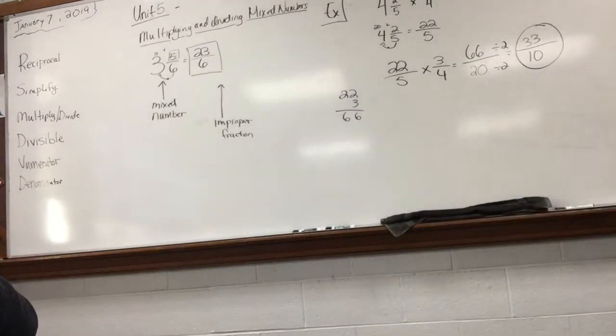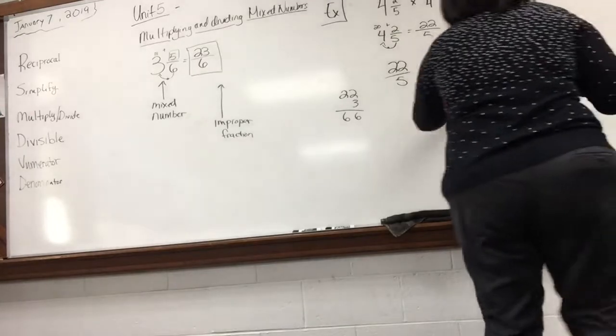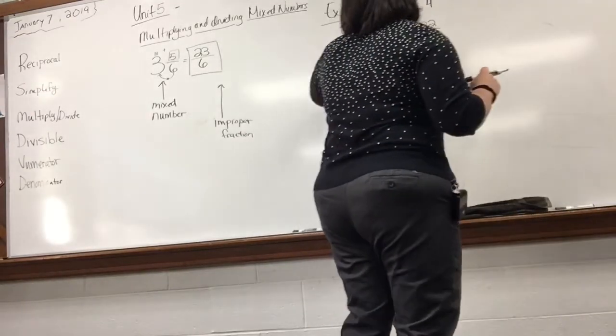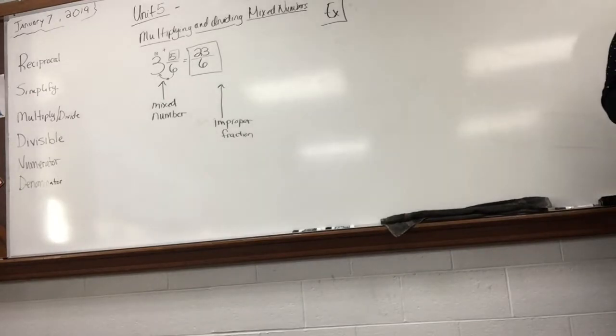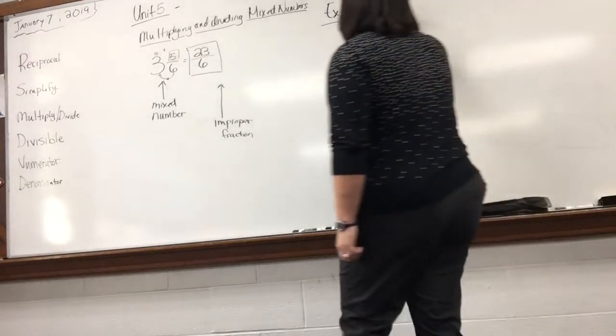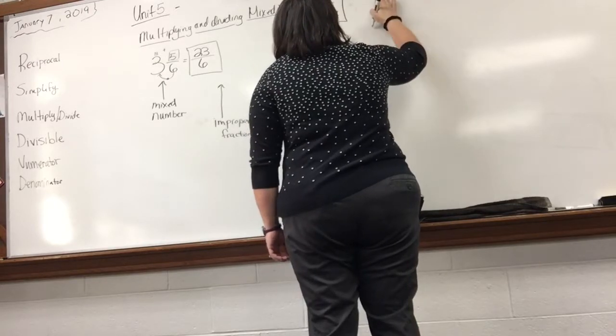Okay, what questions do you have on that? Because we're going to move to division, so you have some time to work with your partner. We good? Okay. All right, here's another example. This is going to be division. You ready? So we are going to have, I love the number 3.